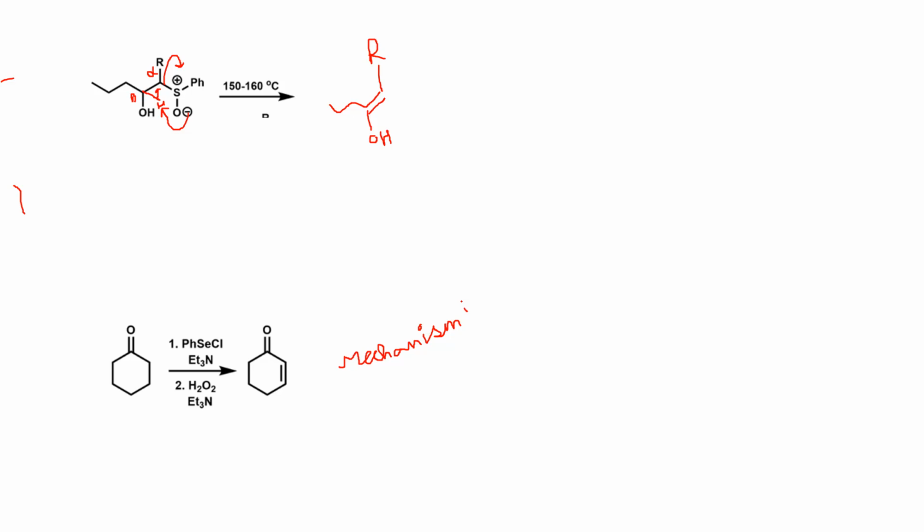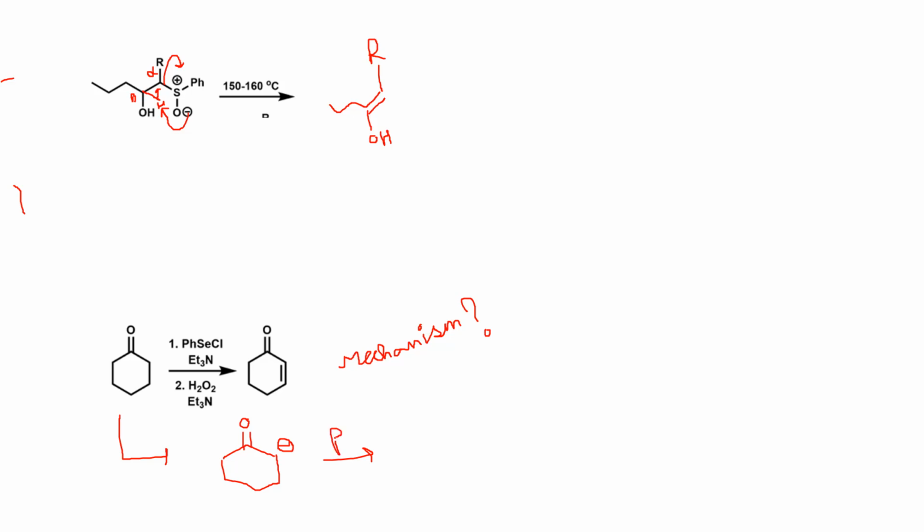In this case, we know Et3N is a base, and the alpha hydrogen adjacent to the ketone is acidic. So this will be eliminated, generating a negative charge.